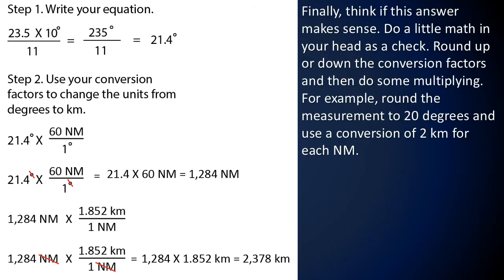Finally, think if this answer makes sense. Do a little math in your head as a check. Round up or down the conversion factors and then do some multiplying. For example, round the measurement to 20 degrees and use a conversion of 2 kilometers for each nautical mile instead of 1.852. What do you get?